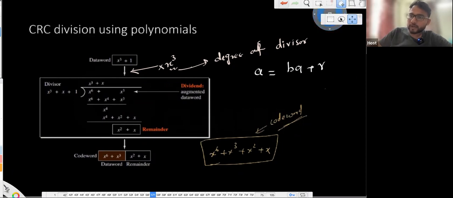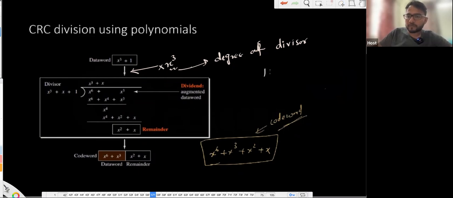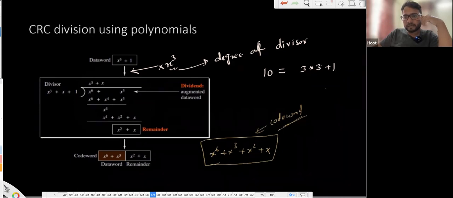Suppose you have 10 equal to 3 into 3 plus 1. This is the remainder. You're dividing 10 by 3, so this is called the divisor, right?